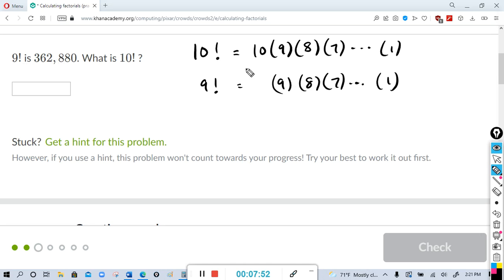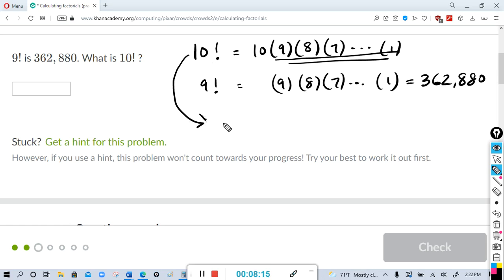So if 9 factorial equals 362,880, we can replace all of this with 9 factorial, which is 362,880. So 10 factorial is just going to be 10 times 9 factorial, which is 10 times 362,880.